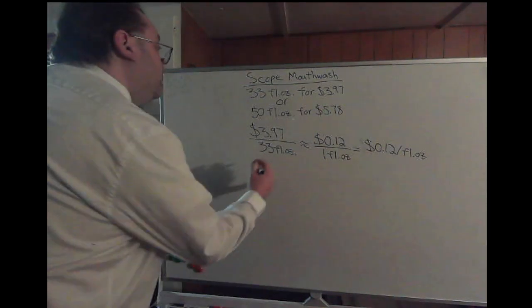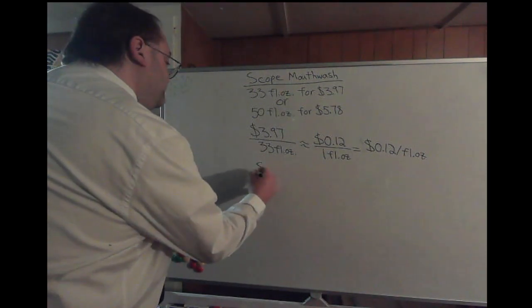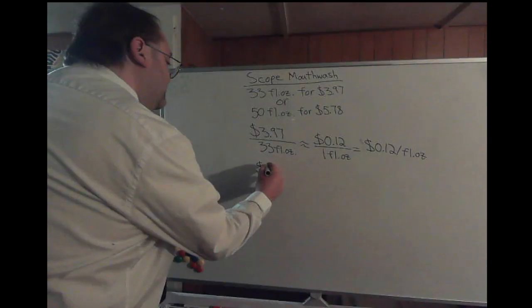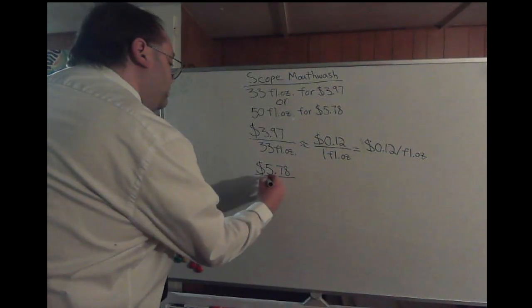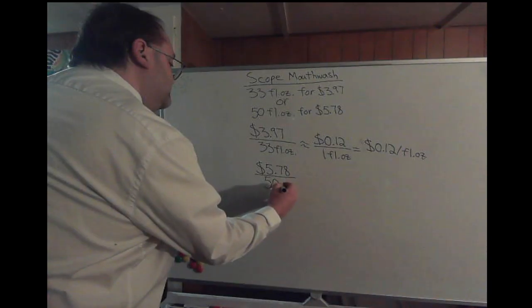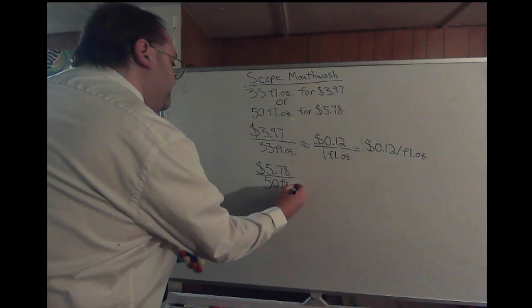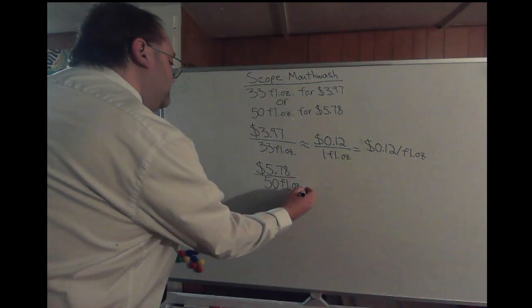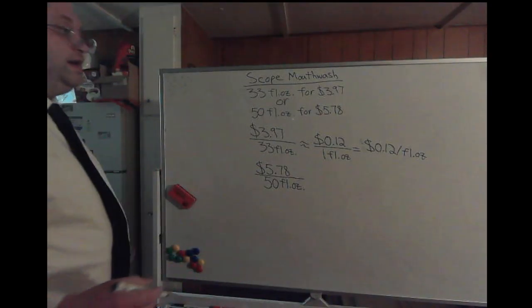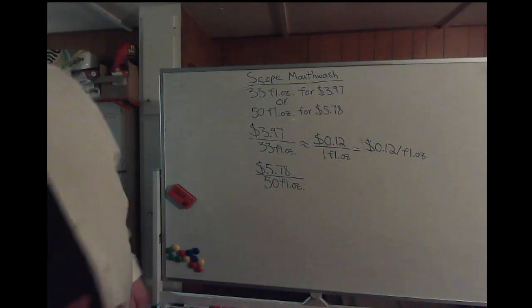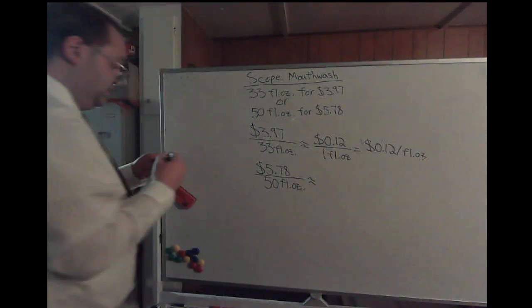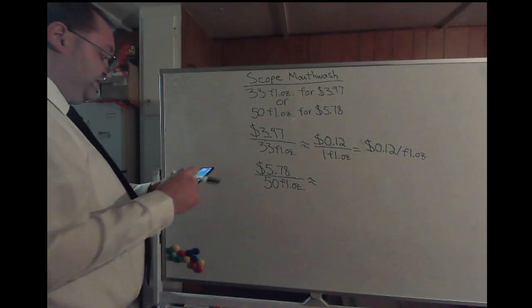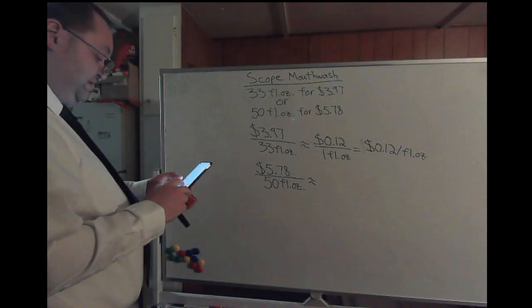Let's see what the second one comes up to. Second one is $5.78 per 50 fluid ounces. We want to figure out what that unit price is going to be. So let's take both of those. Let's take 578, divide that by 50.